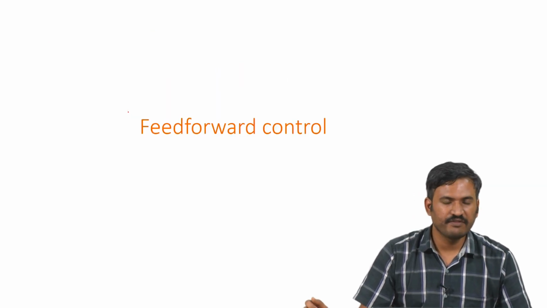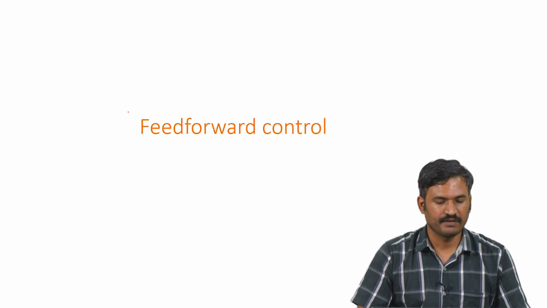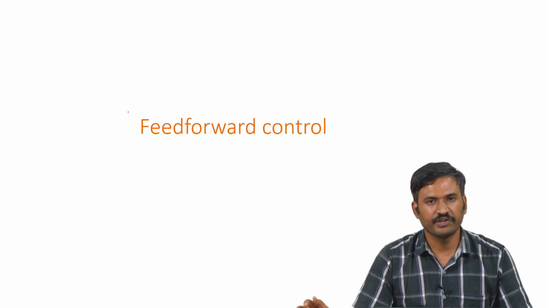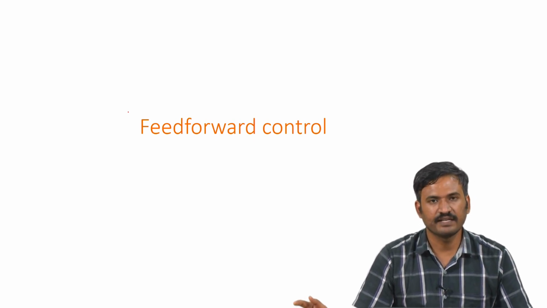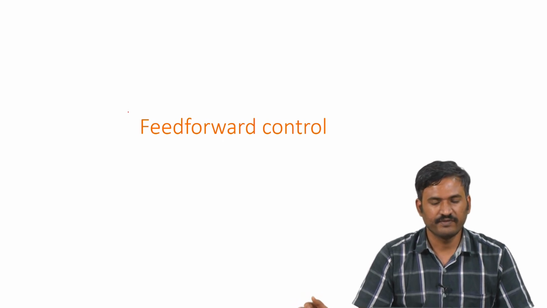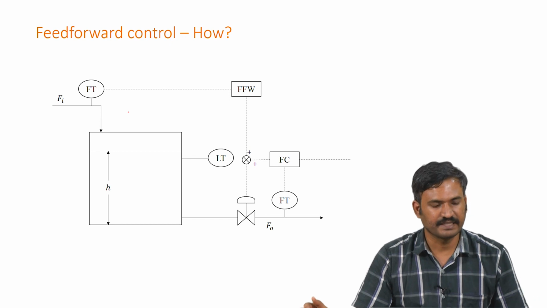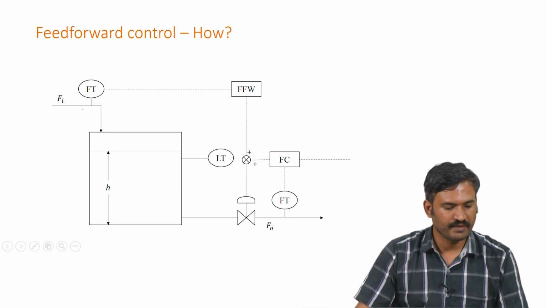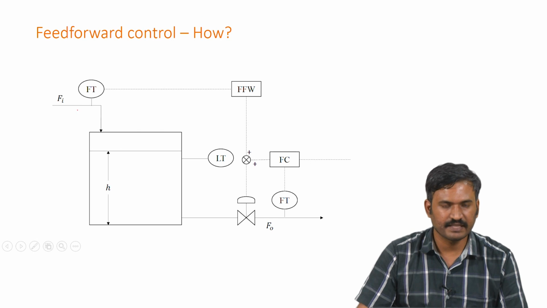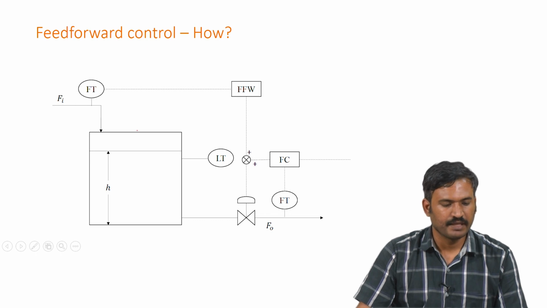With respect to feed forward control, where we can use it and when there is a need for such control is a question we'll answer with this example, where we have the same example of a large tank having one inlet flow and one outlet flow.